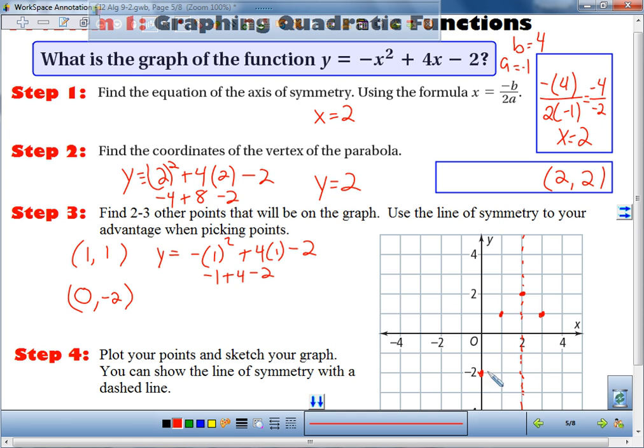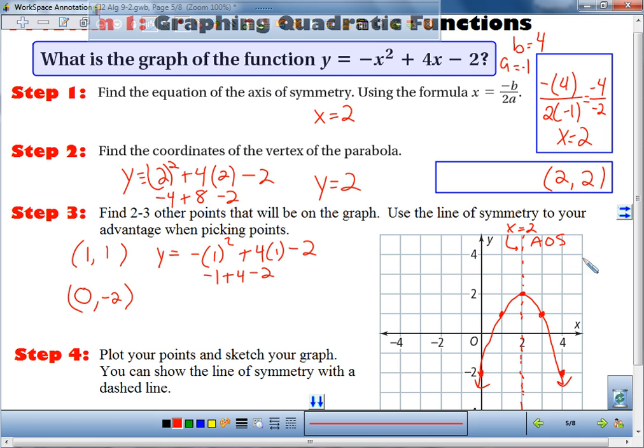Same thing here, it's 2 away, so I go 2 away from the axis of symmetry, and that's going to be another point. So now my parabola is going to look like that. And this is our axis of symmetry at x equals 2.